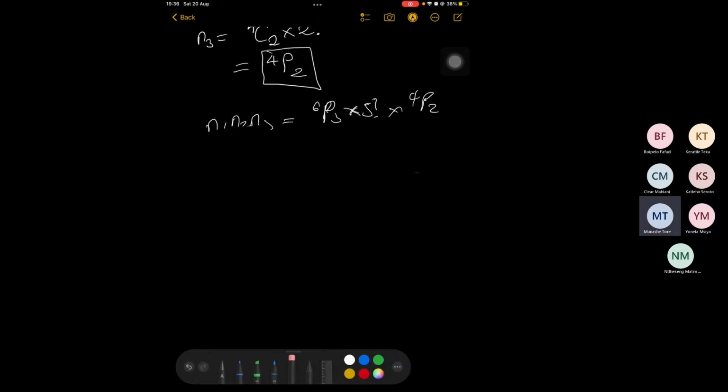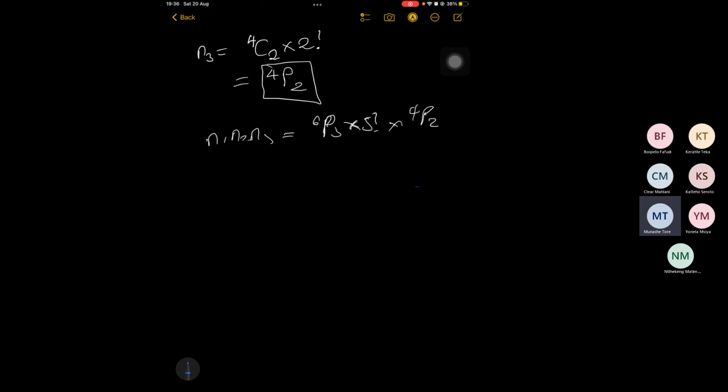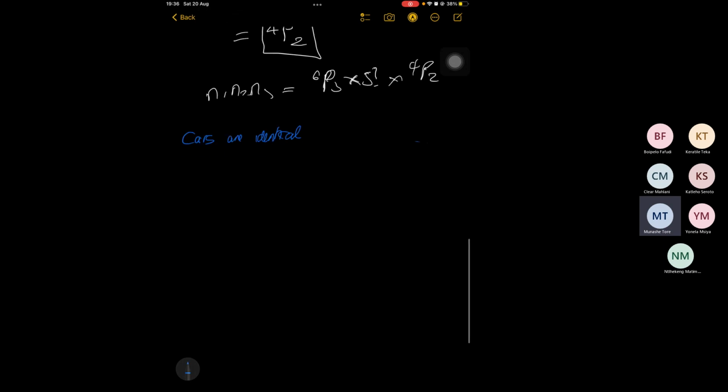Okay, so for this one, let's assume we're told that the cars are identical. Isn't it when we started with the word success, and we said in how many ways can you group this? We have 7 factorial divided by 3 factorial times 2 factorial times 1 factorial times 1 factorial.